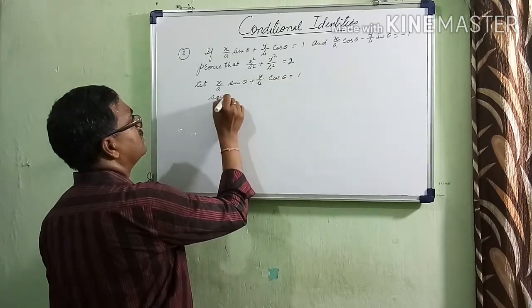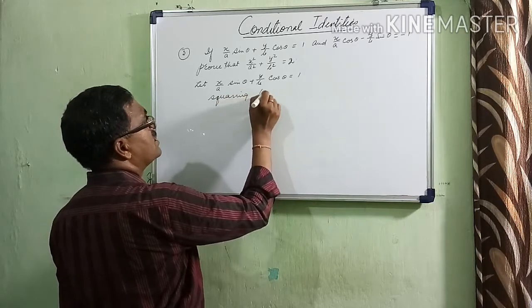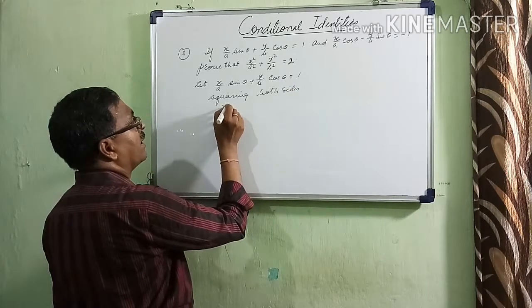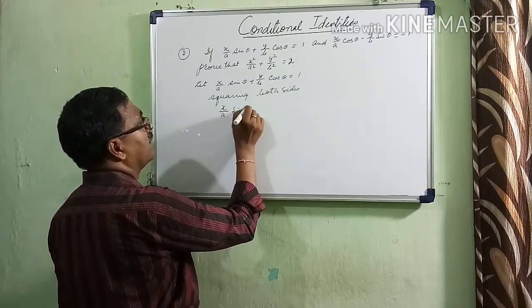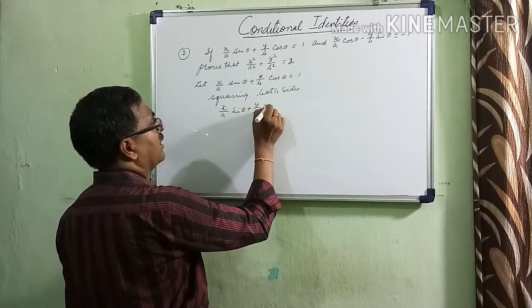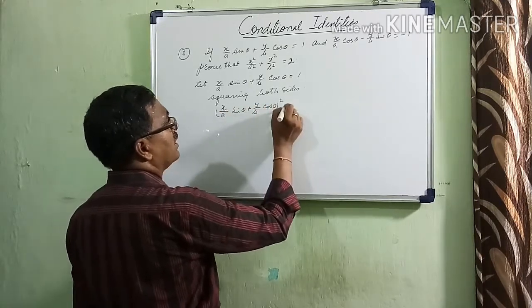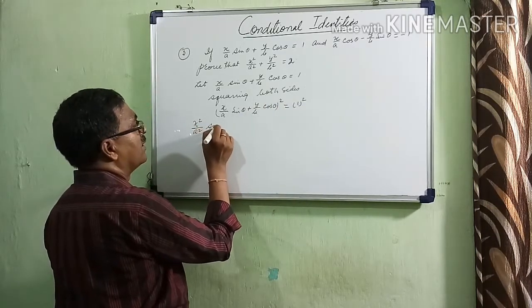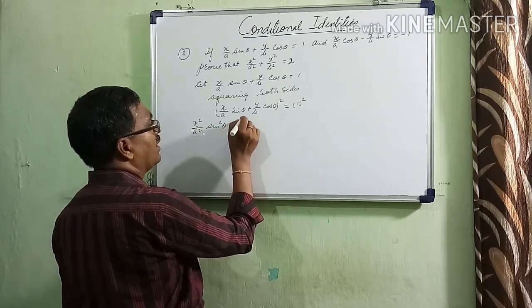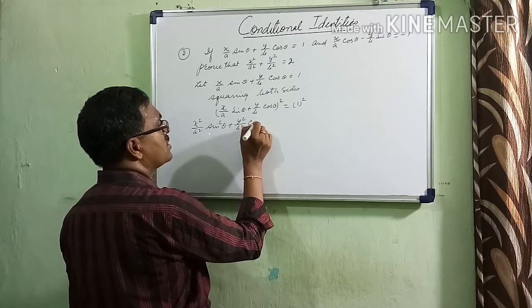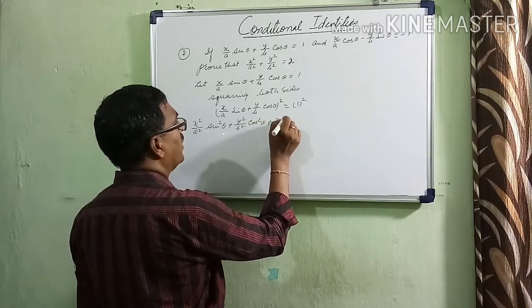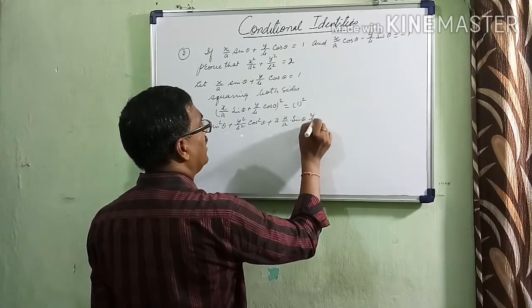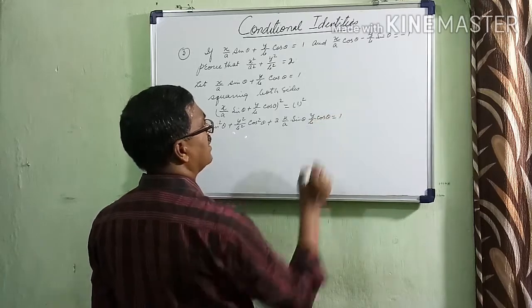Squaring both sides, what do we have? ((x/a) sin θ + (y/b) cos θ)² = 1², so x²/a² sin²θ + y²/b² cos²θ + 2 · (x/a) sin θ · (y/b) cos θ = 1.